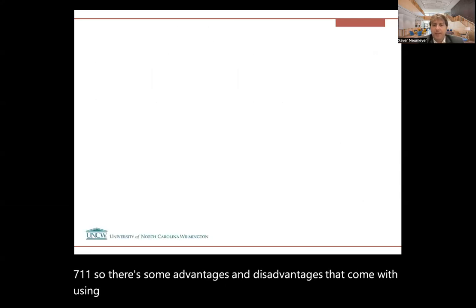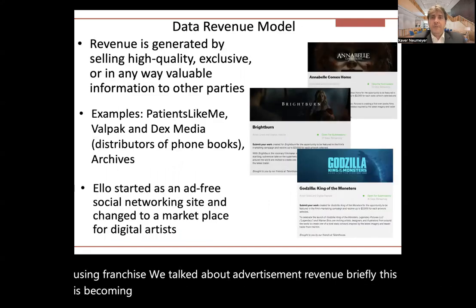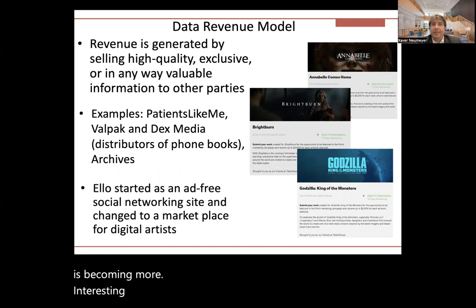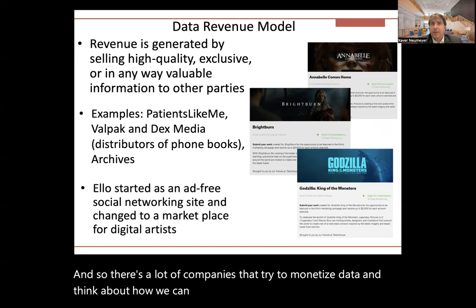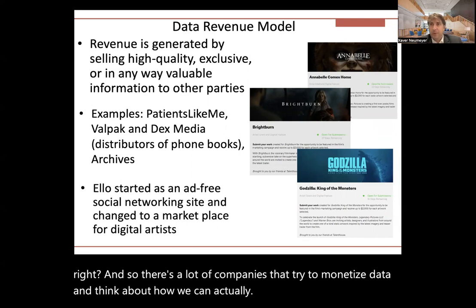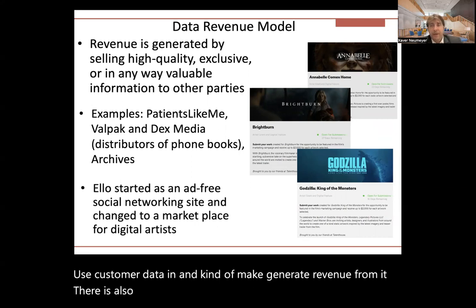We talked about advertisement revenue briefly. This is becoming more interesting now. We have what's called a data revenue model, right? There are a lot of companies that try to monetize data and think about how we can use customer data and generate revenue from it. There are also plenty of ethics issues coming from that, right?